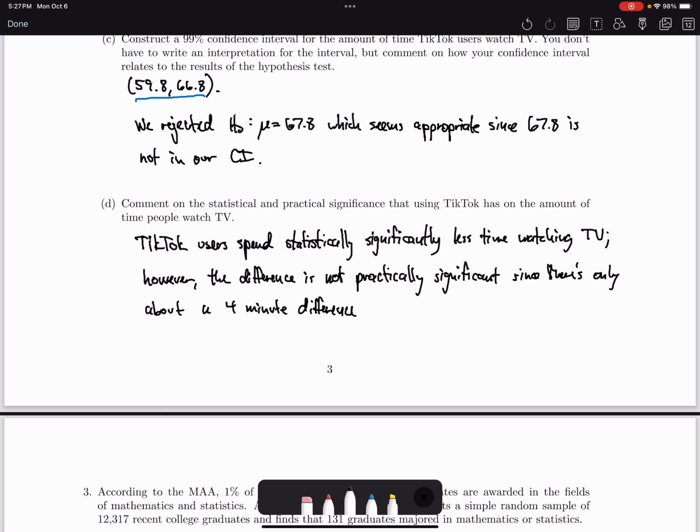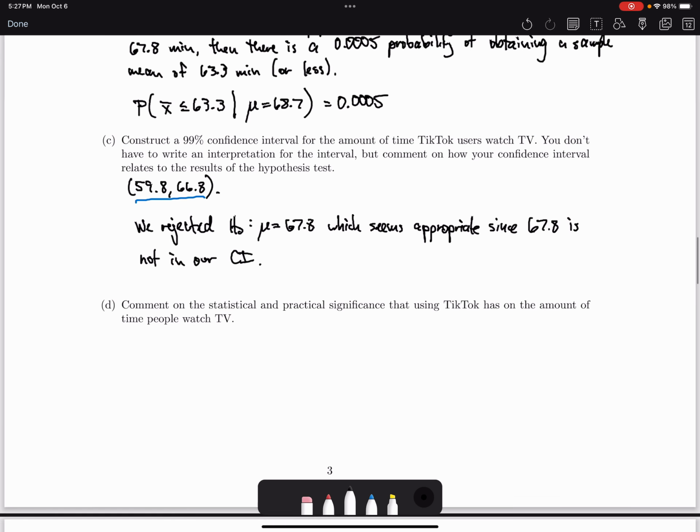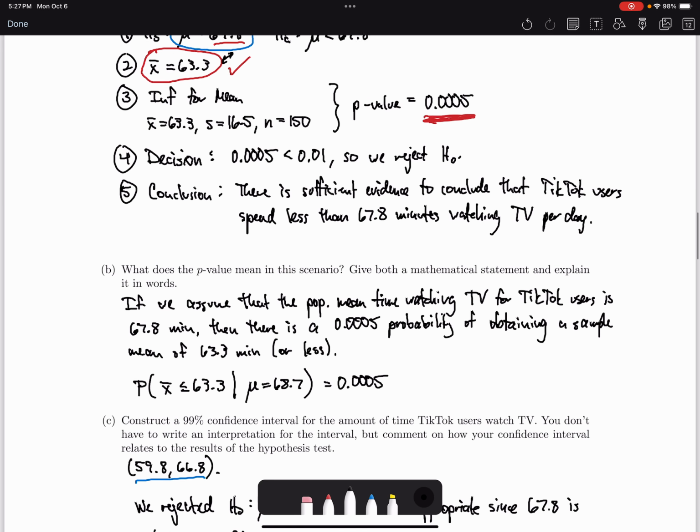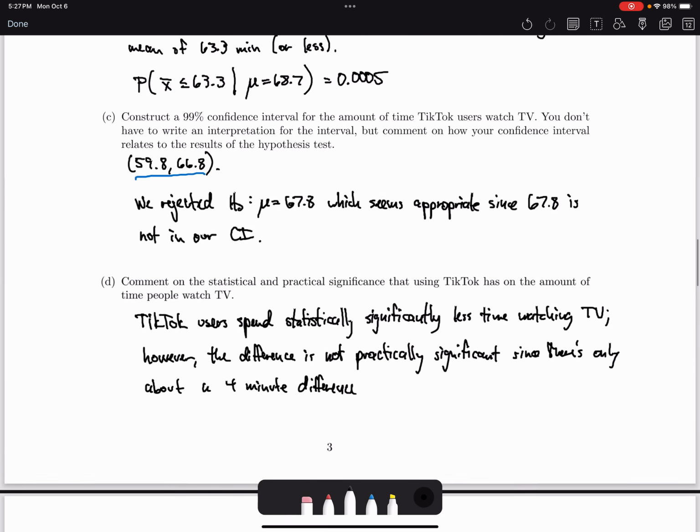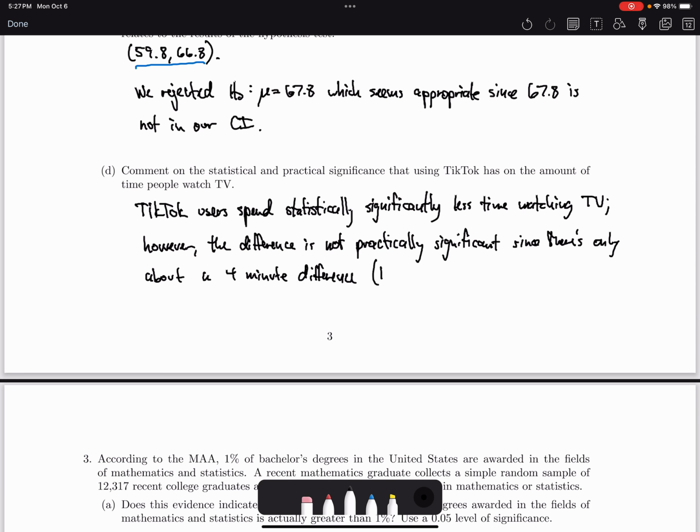And if you wanted, you could say like a 4-minute difference between what the null hypothesis claimed and what the sample evidence indicated, right? So you could say between 67.8 and 63.3, right?